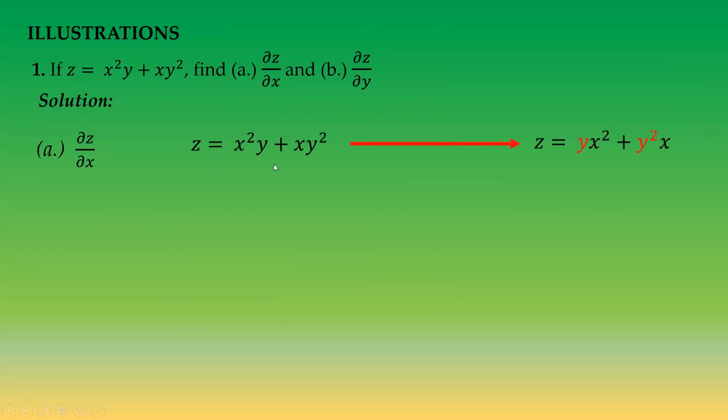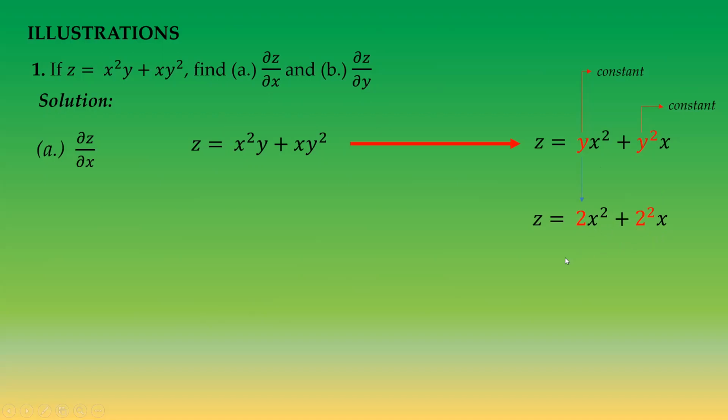Pwede mo siya i-rewrite as z equals y x squared plus y squared x kasi nga ang y ay constant muna. So y is constant, same with y squared. Pareho silang constant. Then as an illustration, again, I will replace y by 2. Kaya meron tayong z equals 2x squared plus 2 squared x.